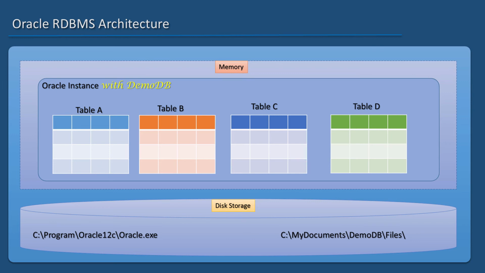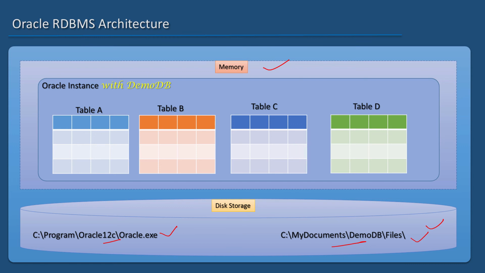So we have a computer which has disk and memory. The disk contains files. It contains both software files and database files. Just like Microsoft Word's executable file and the document file, we have Oracle software here and database files here.